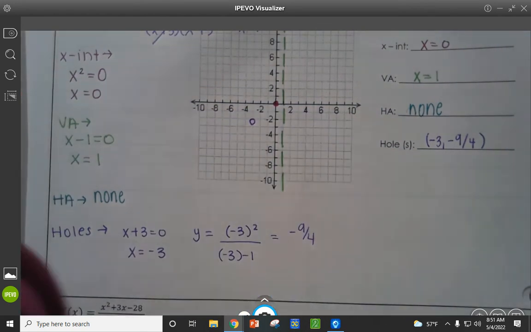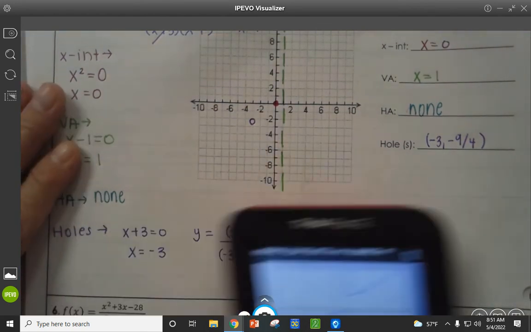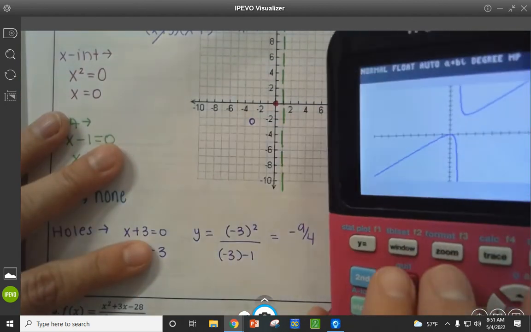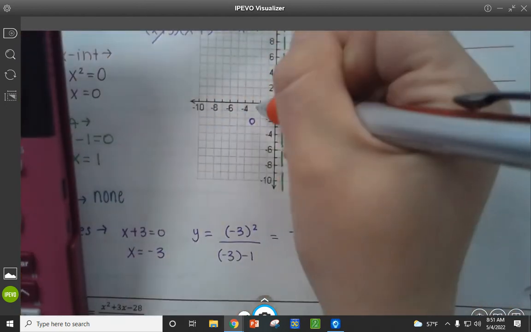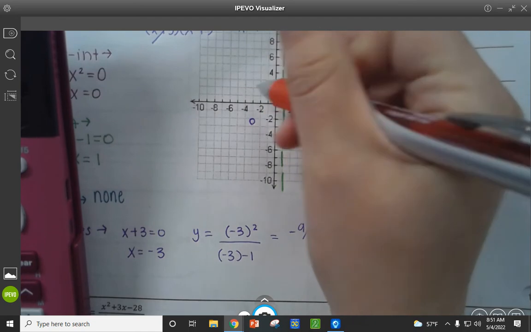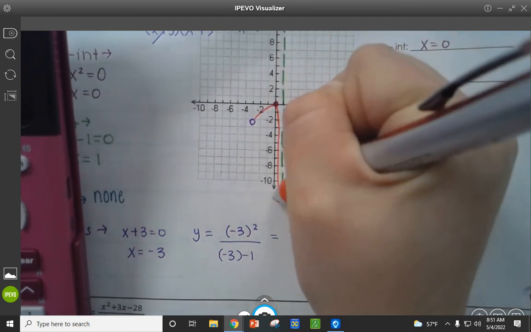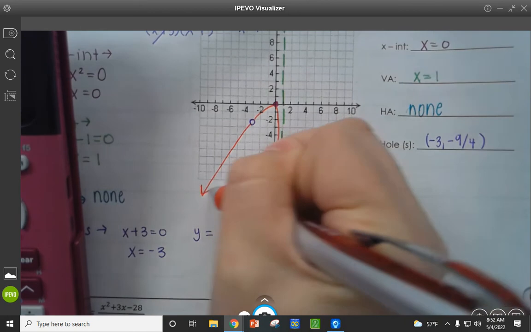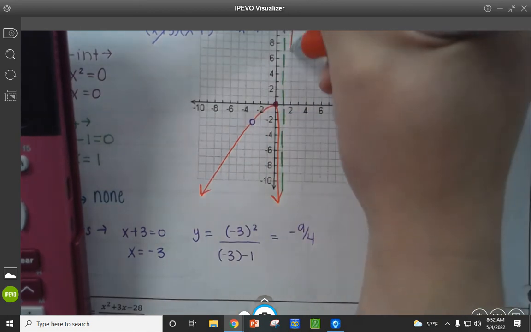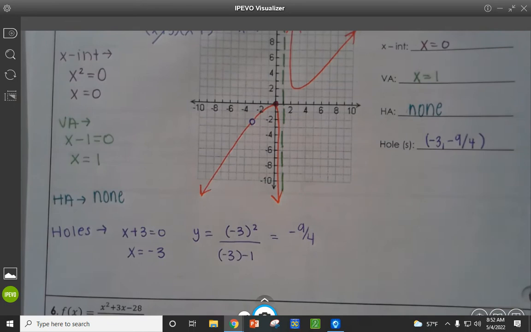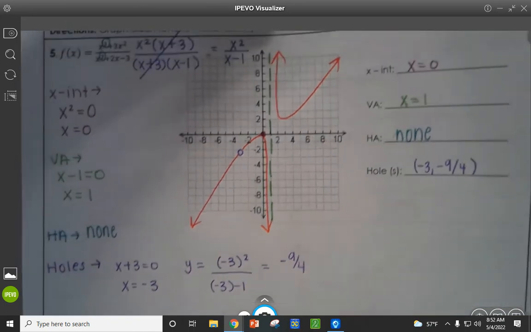So just kind of graph that in the best that you can. And this one you really didn't see the hole either. But we've got to cross that. Something like that. That's what it looks like. Just the best that you can.